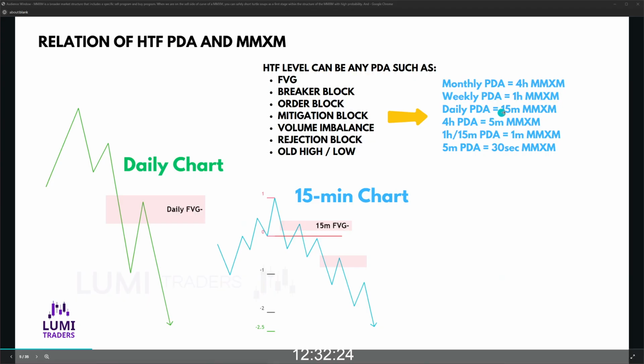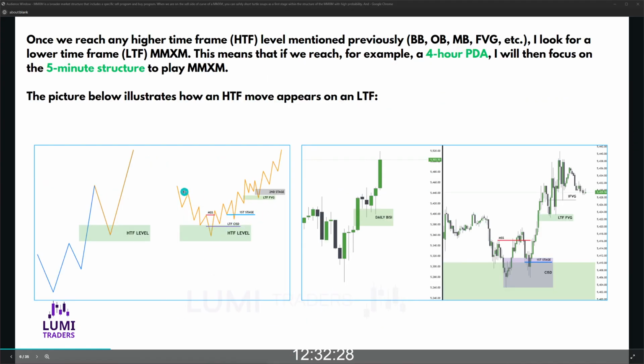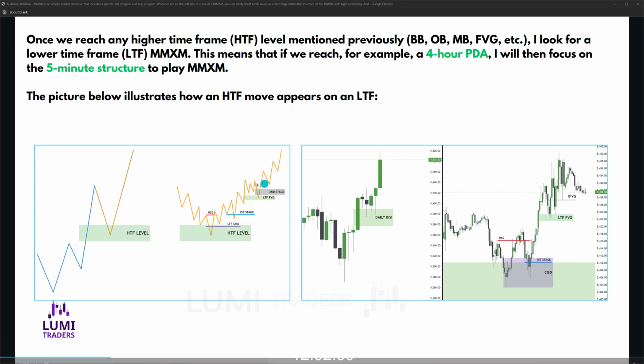It is going to look like this on the 15-minute chart. This means on the 15-minute chart you will see this move down and up like this. And on the 15-minute chart, you will want to find the structure, which is what? Change in the state of delivery and market structure shift.